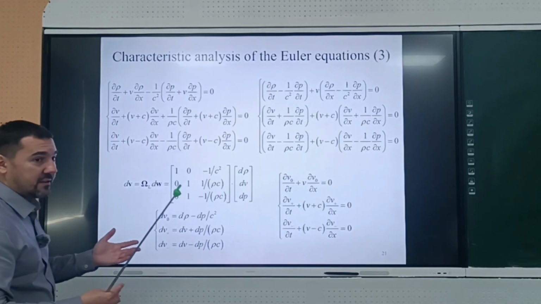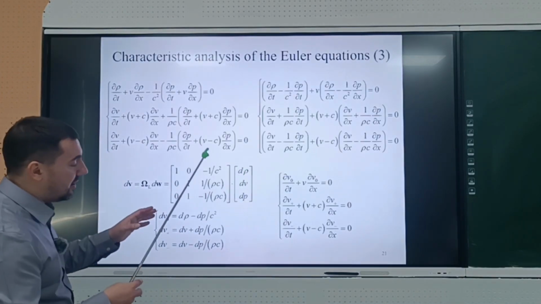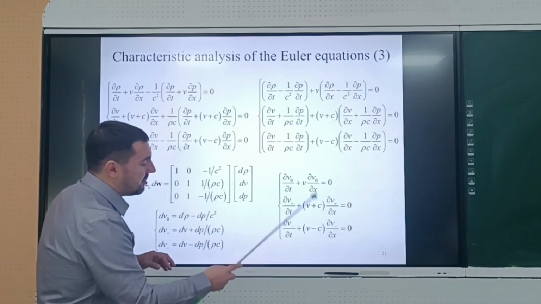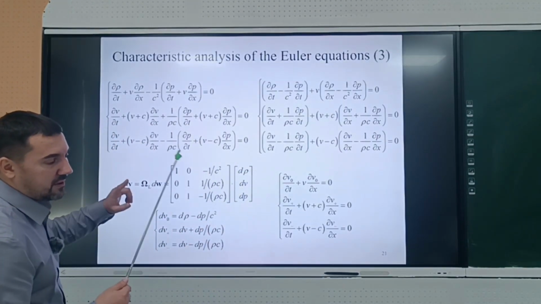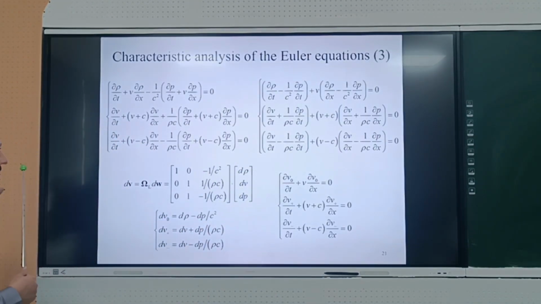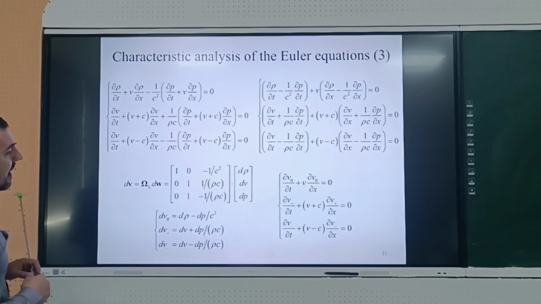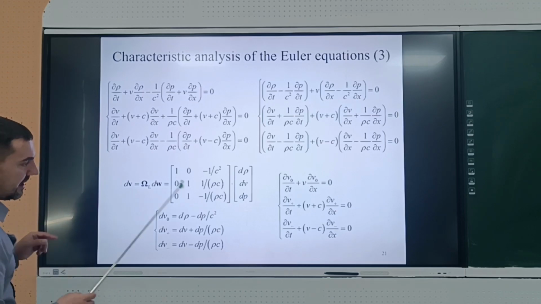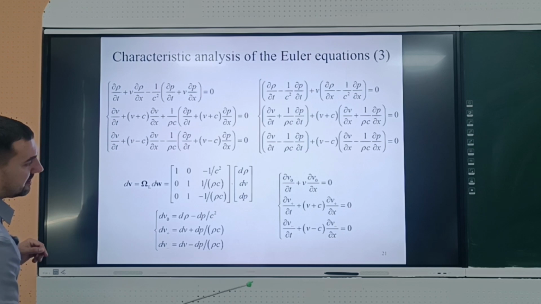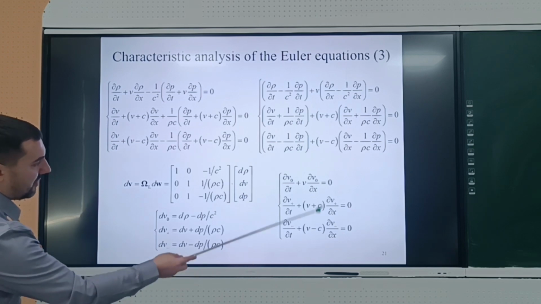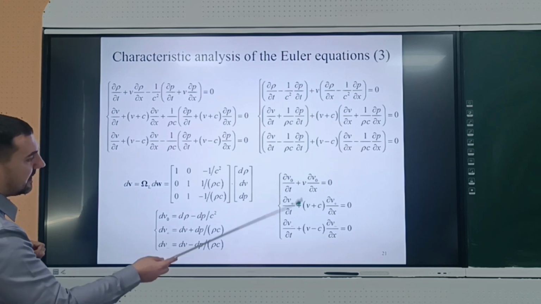They are all coupled. But anyway, they have a form similar to those I provided at the beginning of the lecture. Once again, these are the same Euler equations, but now written in the form of Riemann invariants.